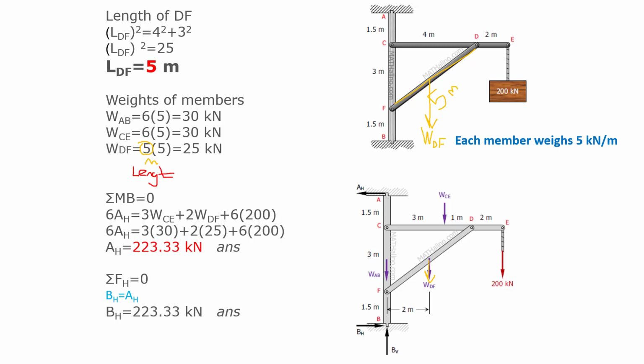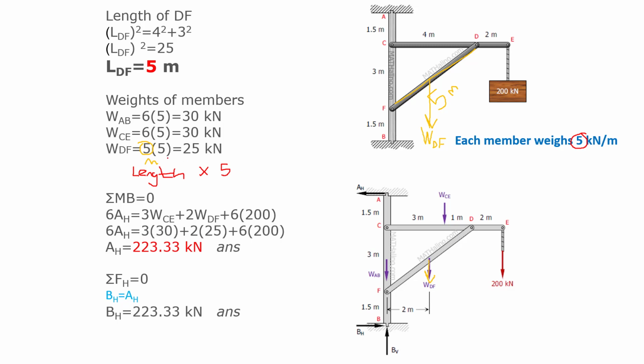Okay, how about the other 5? This 5 is coming from here, 5 again kilonewton per meter.